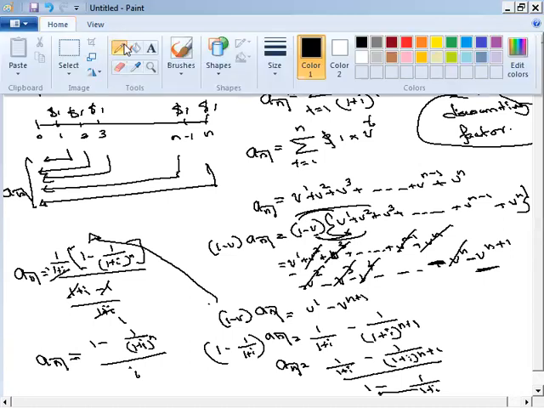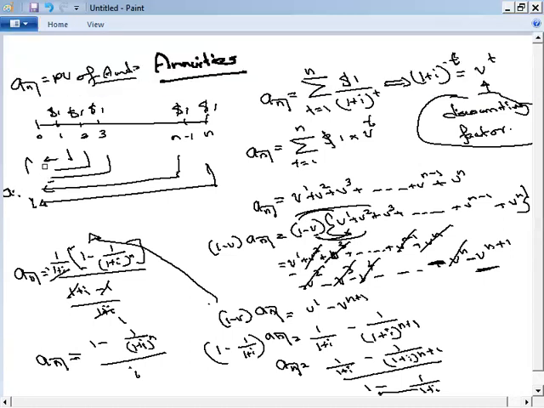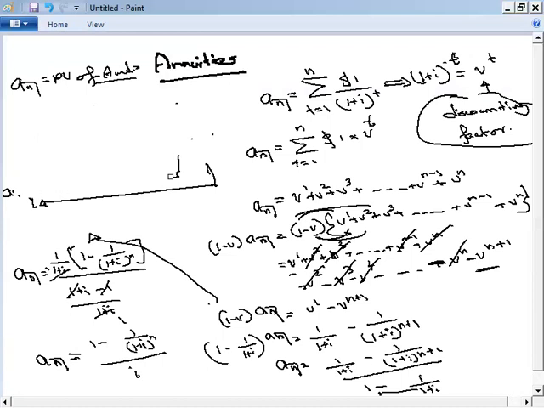So I will erase this diagram. If we finalize this and rearrange this equation again, you will get the present value formula for an annuity.